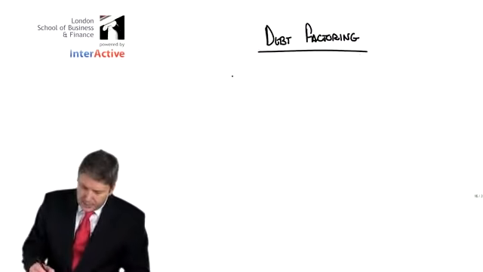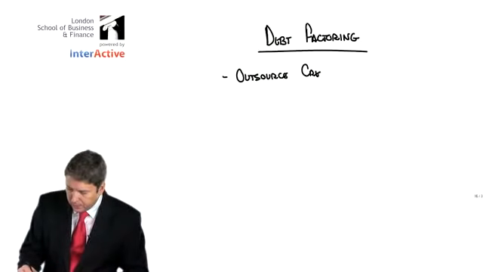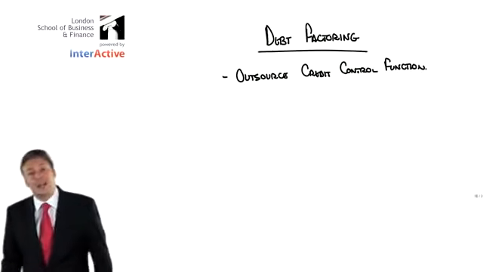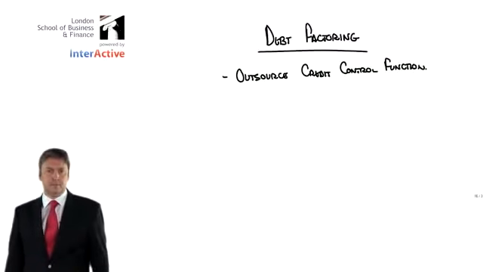You see, the idea of debt factoring is that we outsource the credit control function. Instead of us collecting debt, we allow the debt factor to collect the debt on our behalf.